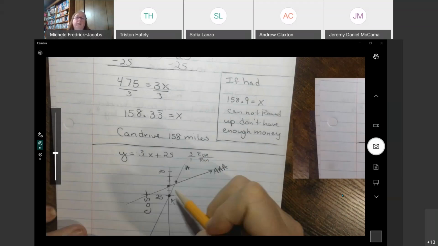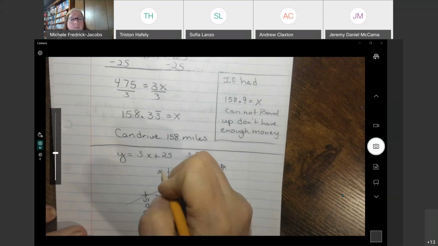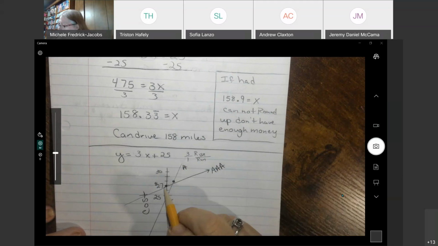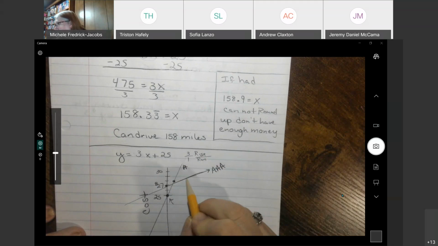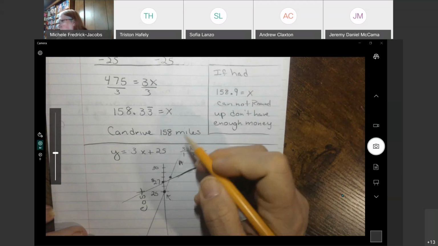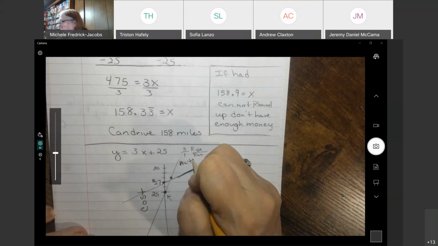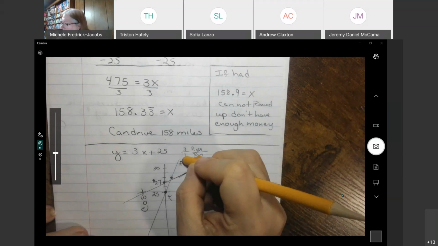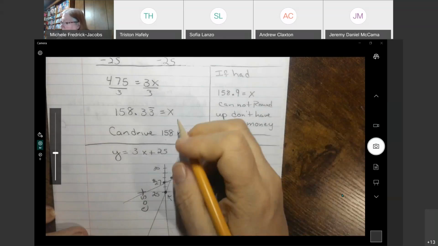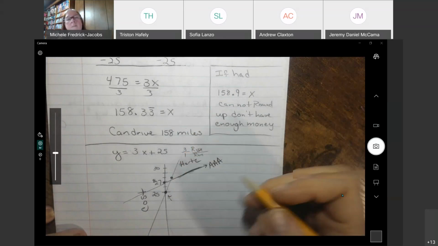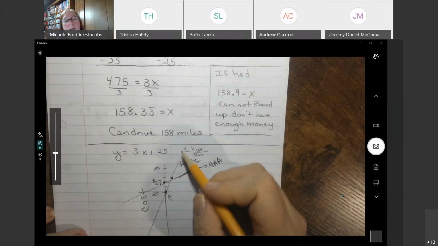So even though our startup fee is $27, in the long run, this graph is below. So AAA after so many miles is going to be cheaper than Hertz. And that's one way of using your graph. So this rate is going faster than this one.